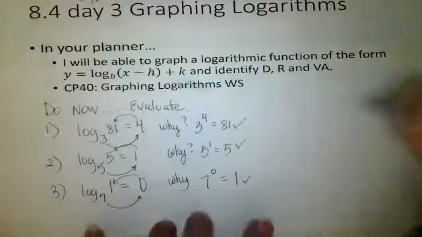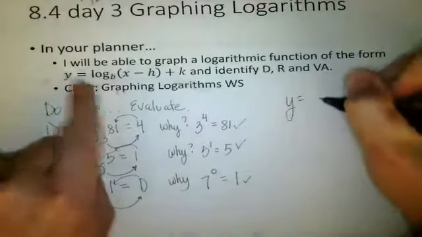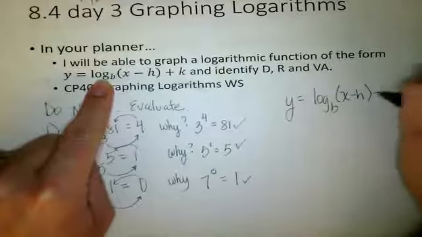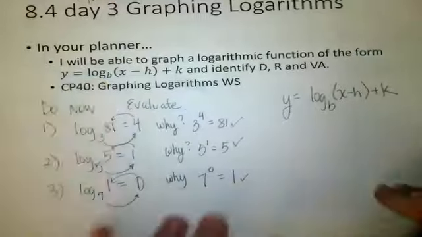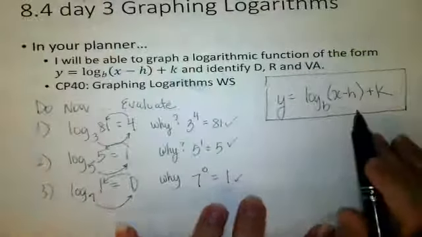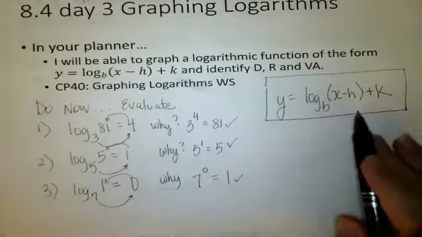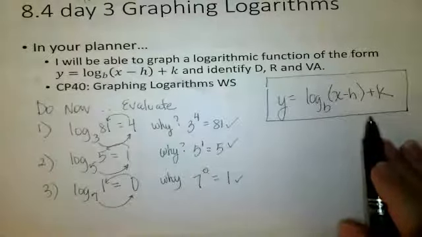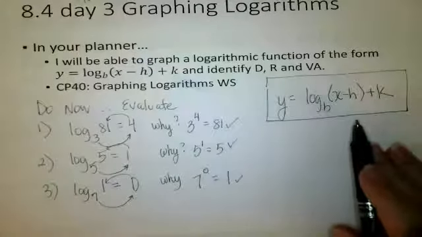All right, so today we are graphing in this form, y equals log base b of (x minus h) plus k. So today, you should be writing this down. We are graphing in this standard form with h's and k's that we've done a lot of this semester, right?